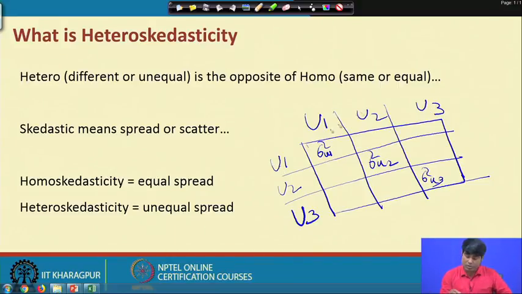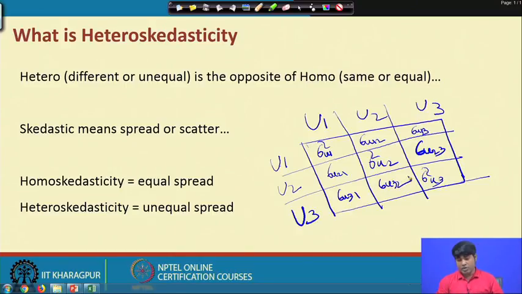Technically u1 and u2 becomes sigma u12, then sigma u13, sigma u21, sigma u23, then sigma u31 and sigma u32. This is the variance covariance matrix with respect to 3 error terms, and that can be extended to k number of error variables.